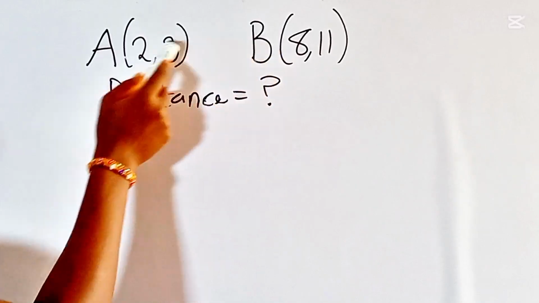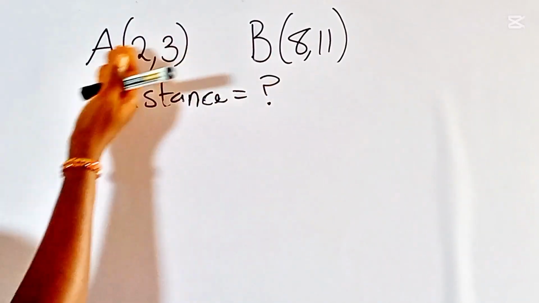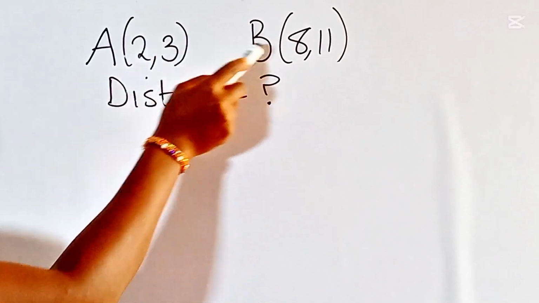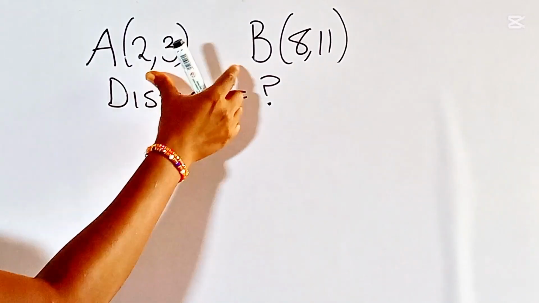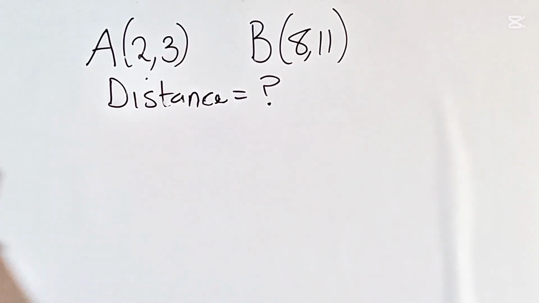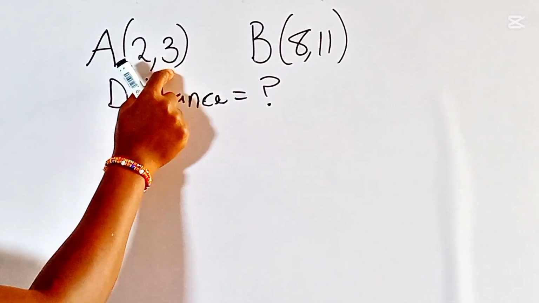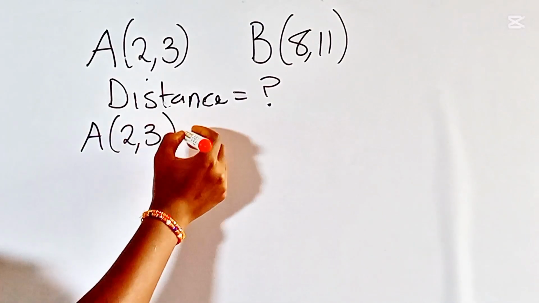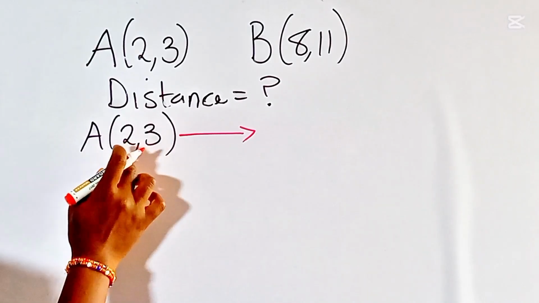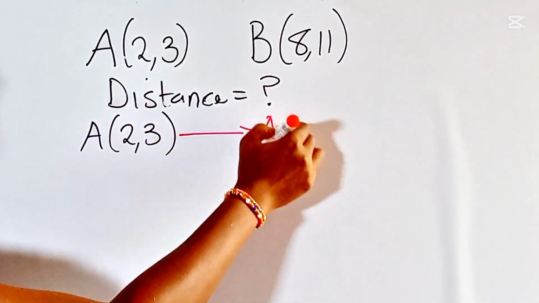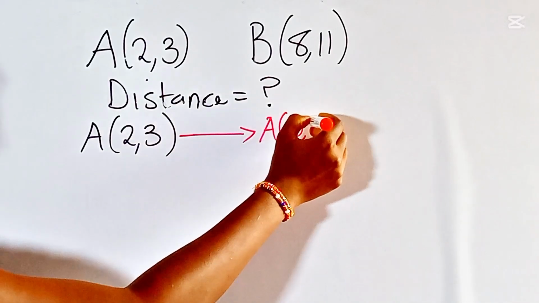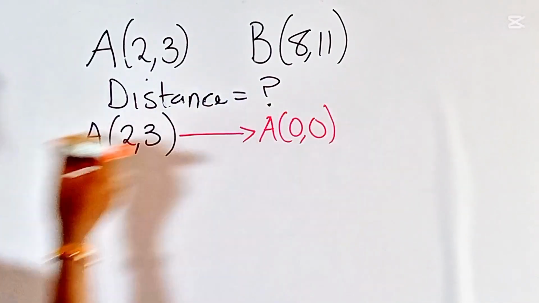Instead of working with where these points are, we move the points instead. I am not going to change the points. I'm going to shift the entire grid so that A becomes (0, 0). So this is what I mean. A is going to move left by 2 to become 0 and move down by 3 to become 0 as well.